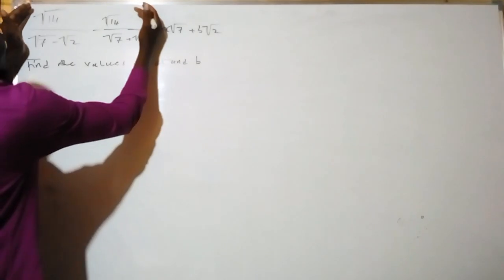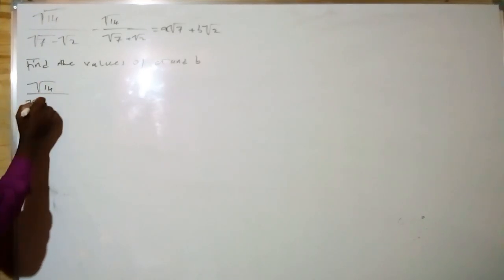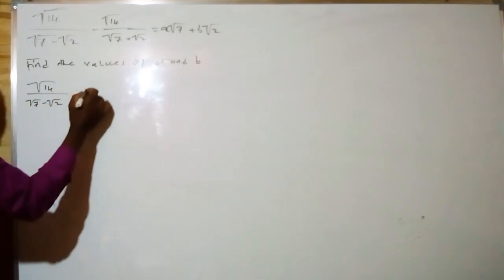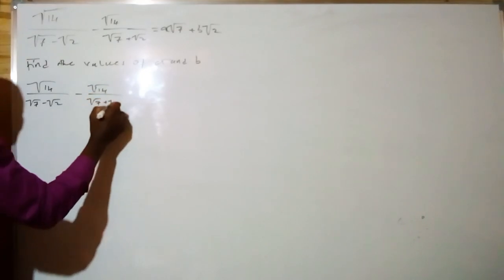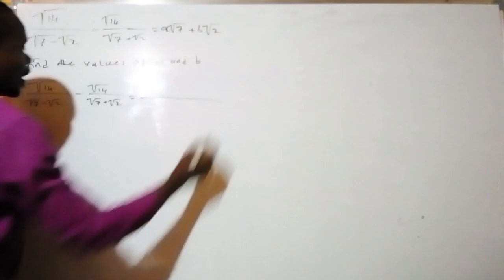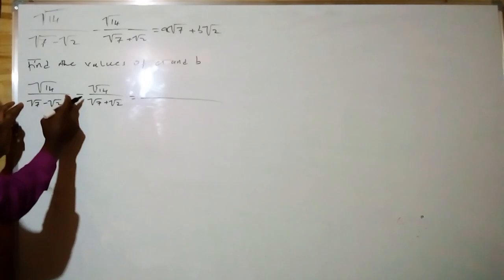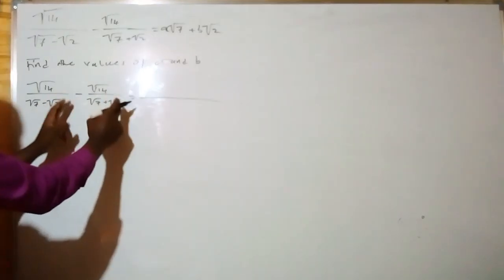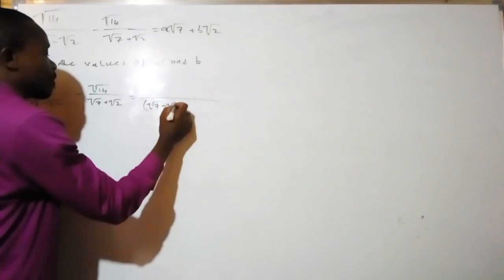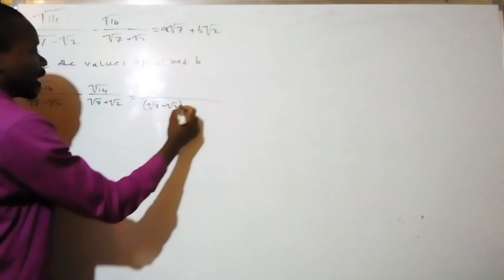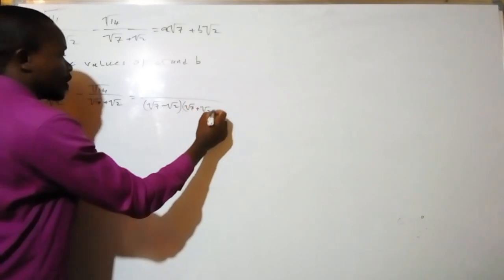The LCM is the whole of this: root 7 minus root 2, times root 7 plus root 2, each in brackets. This is the LCM of the two.